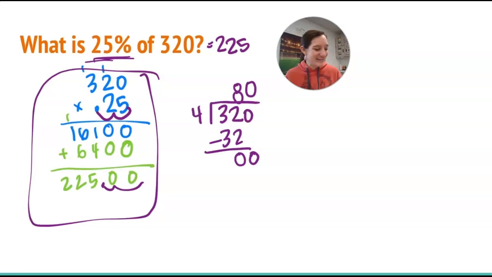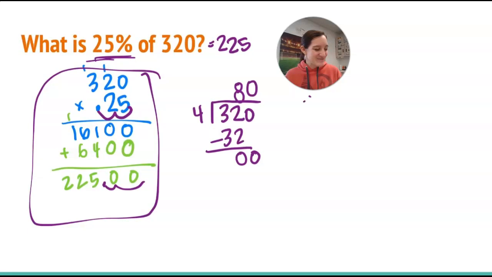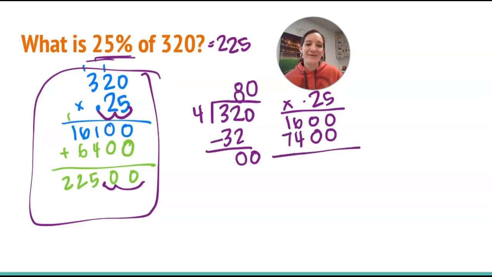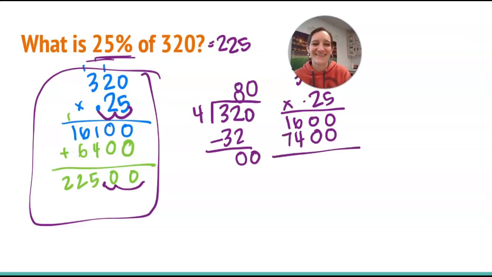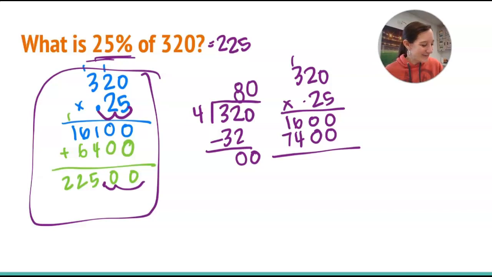Let's look again. 20 times 25. Was I going too fast again? 15, that looks right. Then add a 0. 0, 4. I added wrong. No, what did I do? 6, 7. I still made a mistake. Oh, bother.